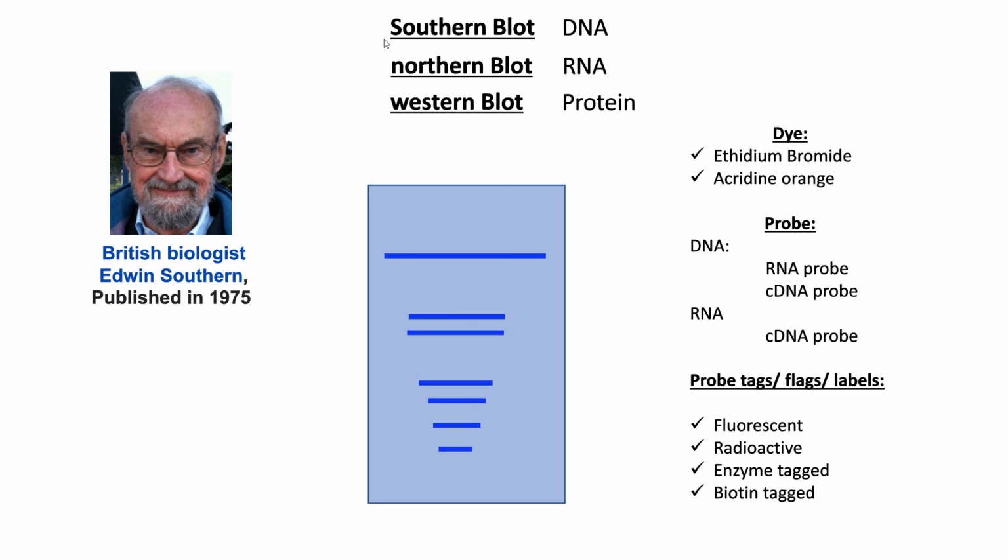He developed it for the very first time for DNA. Later on it was applied for RNA and protein, so they were given the names in reference to the original blotting technique, like Northern blot for RNA and Western for protein, right? So these are the blotting techniques.